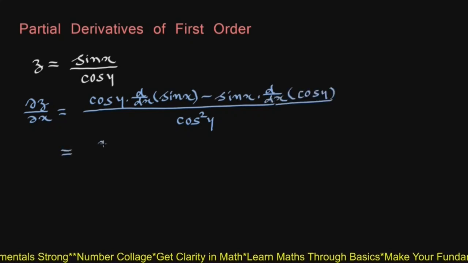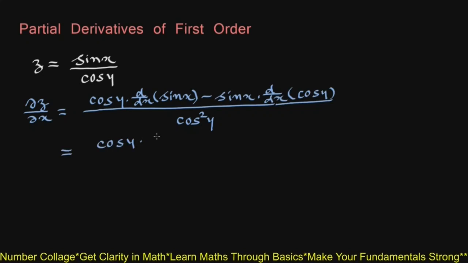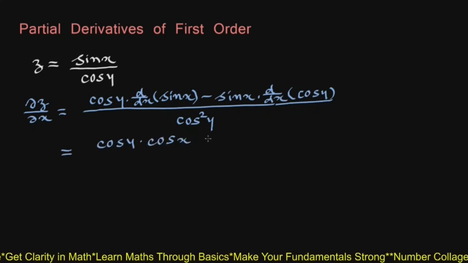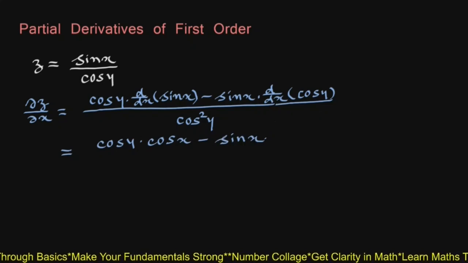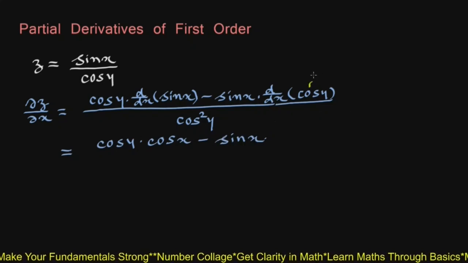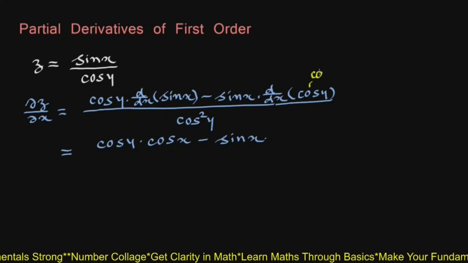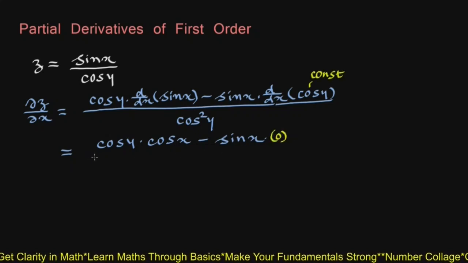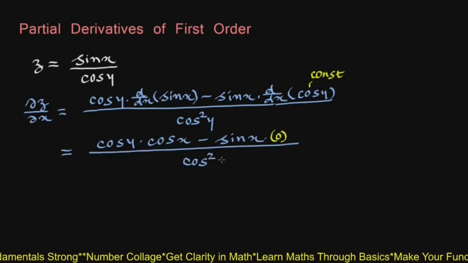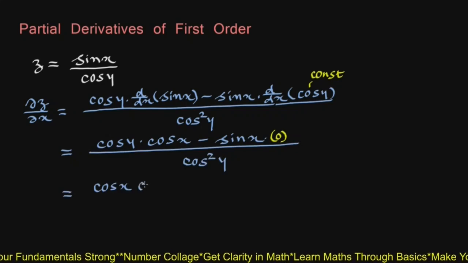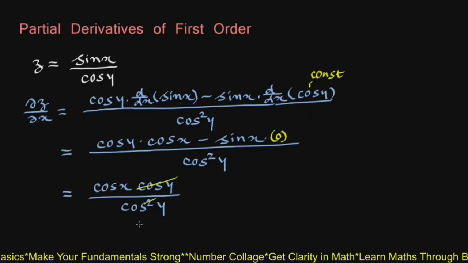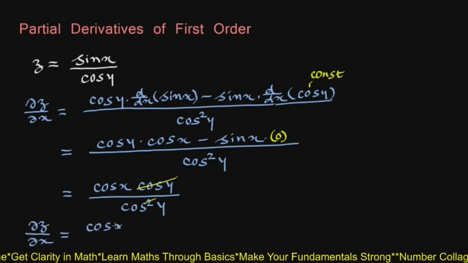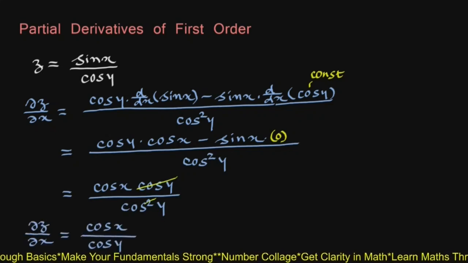This is cos y into d by dx of sin x, cos x, minus sin x into d by dx of cos y, which is 0 because cos y is to be treated as constant. So its derivative is 0, upon cos square y. This is cos x cos y upon cos square y. Cancelling cos y with one cos y, dou z by dou x will be cos x upon cos y.